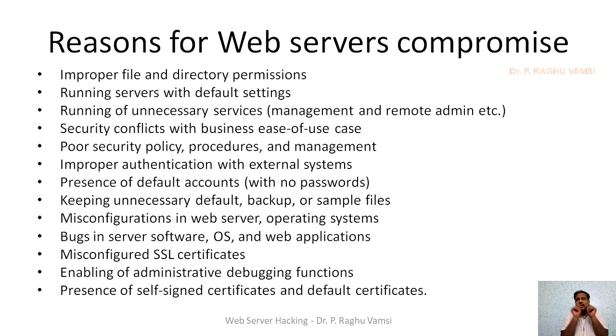A lapse in any one of these components or their configuration will lead to web server compromise. Now we'll see the various reasons that will lead to the server compromise. First one is improper file and directory permission, that is, improper listing of the access control list. This will also lead to web server compromise.